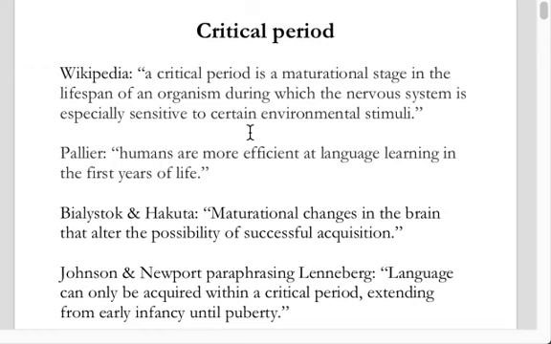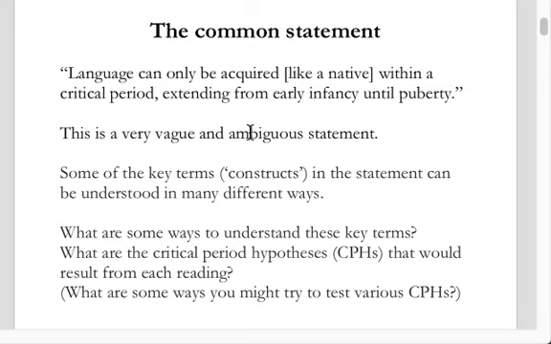I'm going to take the specific statement from Johnson and Newport as a starting point because it will show us that, even with this fairly narrow and specific statement of the critical period, there's lots of room for interpretation. So I think this is a fairly common statement of what most people in the language sciences think the critical period hypothesis says.